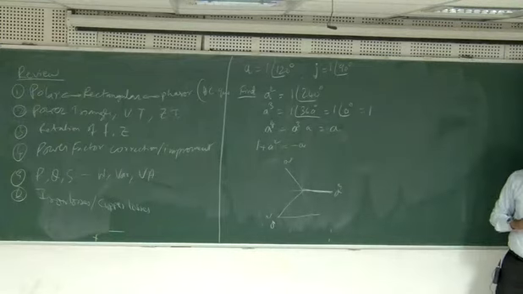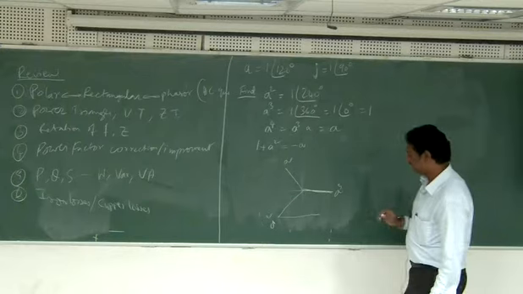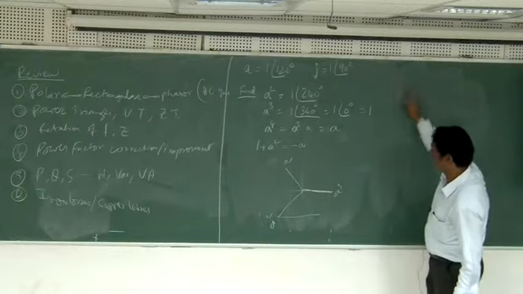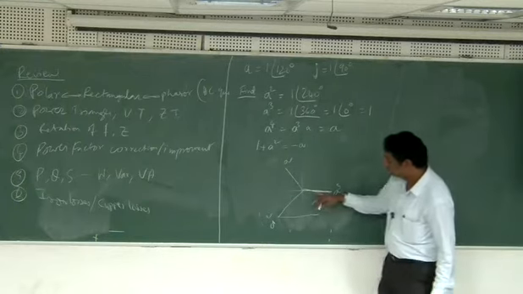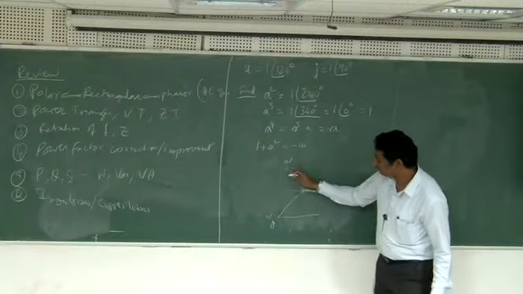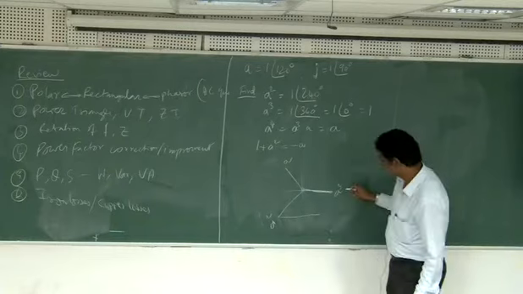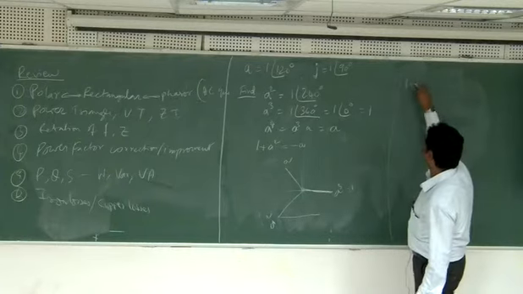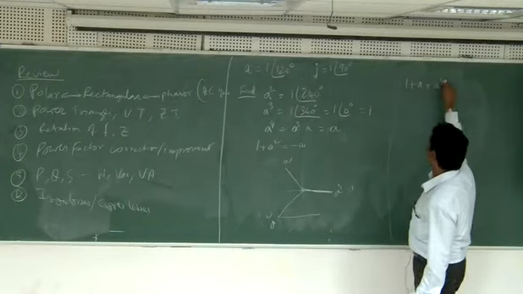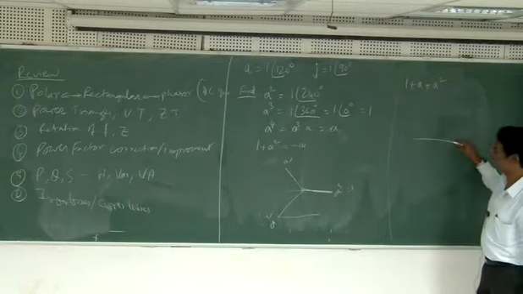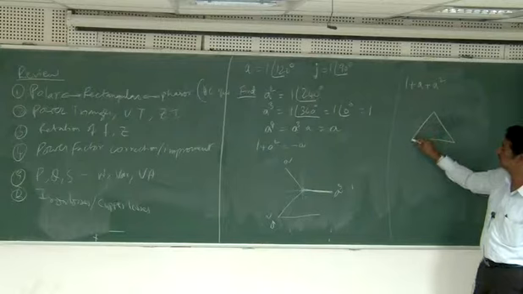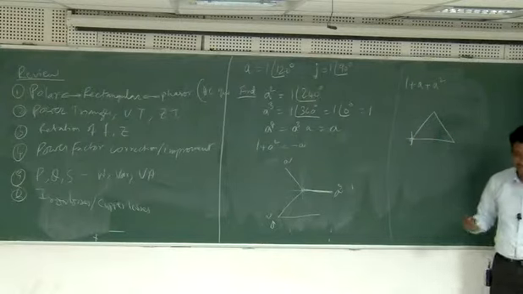In other words, let's look at it like this. I want to find A plus A square plus A cube, the sum of all three. This is nothing but 1. So 1 is like this, A is like this, A square is like this, and I reach the origin point.